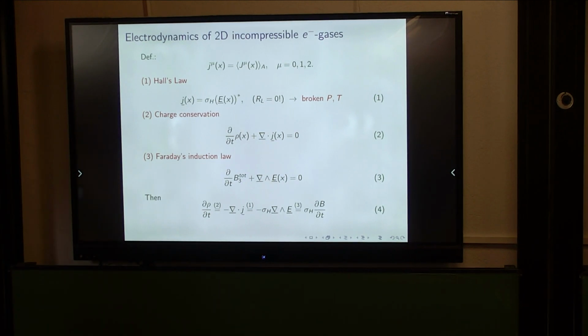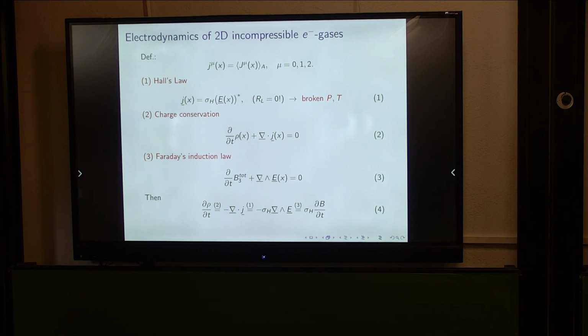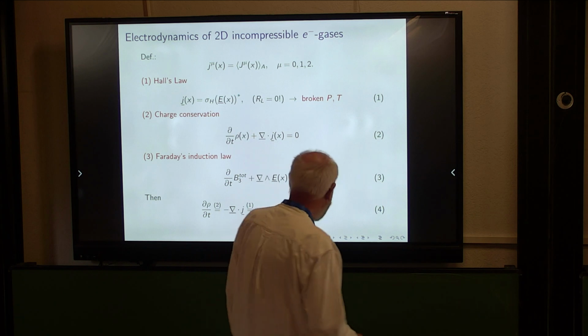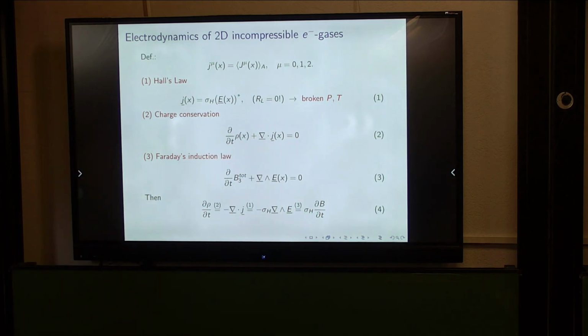It says that the current in the 2-dimensional sample is perpendicular to the in-plane components of the electric field, with a constant of proportionality that is a conductivity, called the Hall conductivity. This law says that reflections in line and time reversal are broken symmetries. That's not so astonishing because of the external magnetic field.